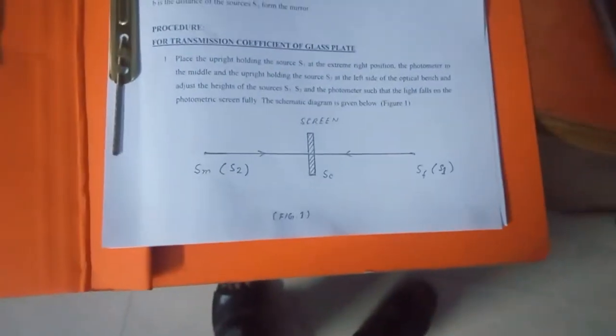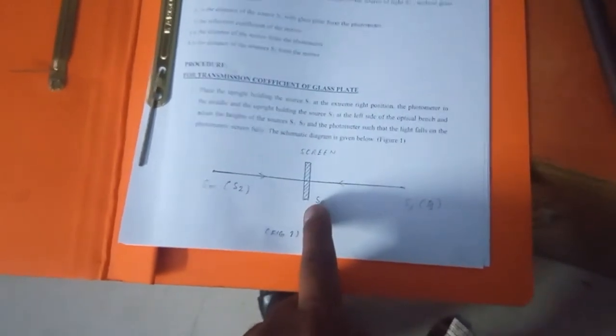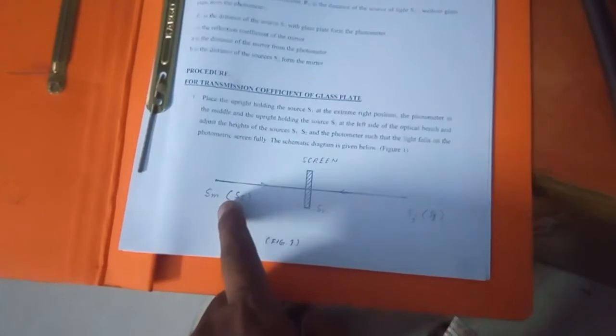So what do we basically do? You can see that in this experiment we have these two setups. Here are the optical diagrams. The first diagram, made for finding the transmission coefficient, is the following. This is the optical bench. We place the first source, then in between the photometer and the screen, and then the second source.